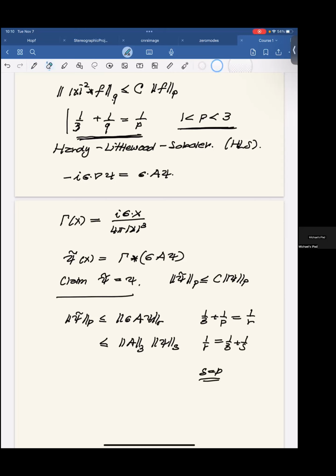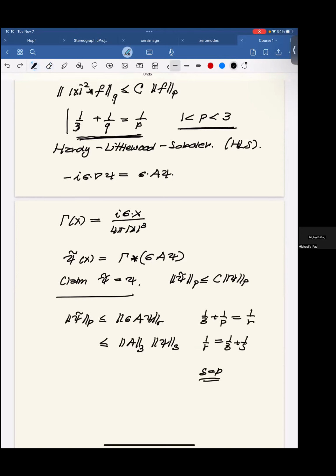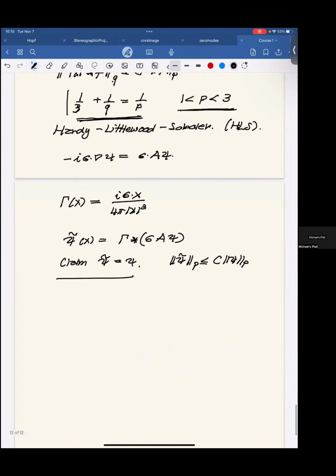I was just at the moment a little bit confused about this. So let me erase this now because that's pretty clear. So I claim that the psi twiddle is equal to psi. We have to prove this, and this is not very difficult.